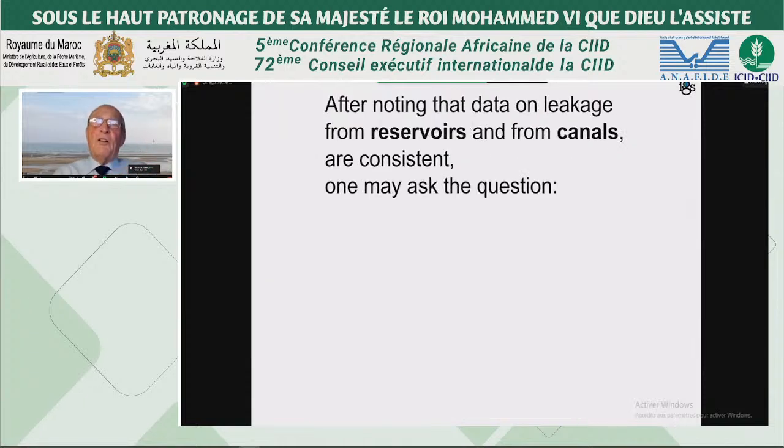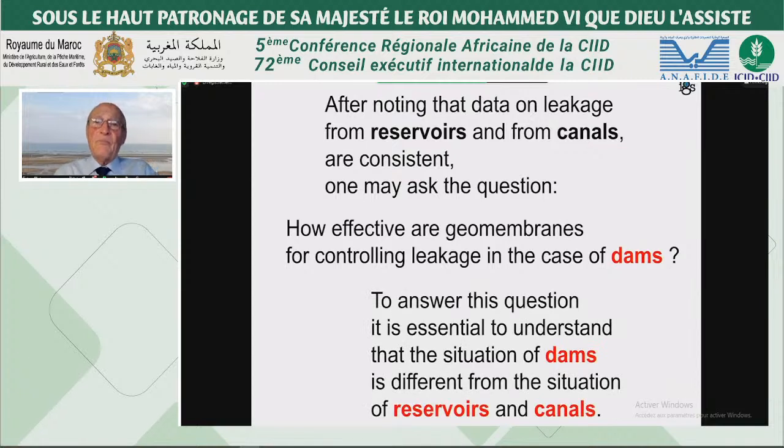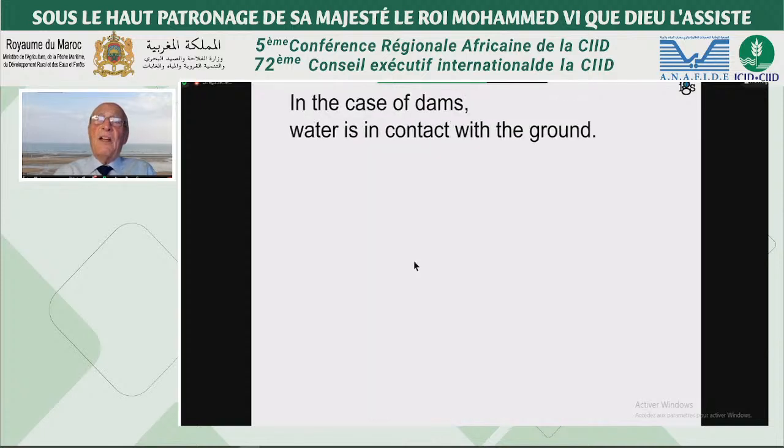Now, after noting that data on leakage from reservoirs and from canals are consistent, one may ask the question, how effective are geomembranes for controlling leakage in a case of dams? To answer these questions, we need to understand that the situation of dams is different from the situation in reservoirs and canals.